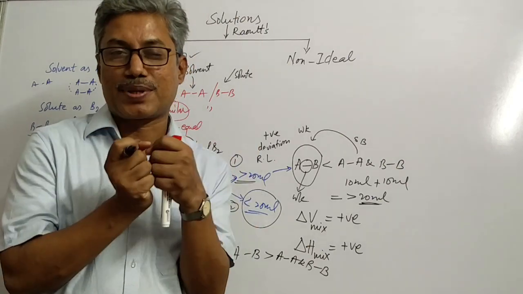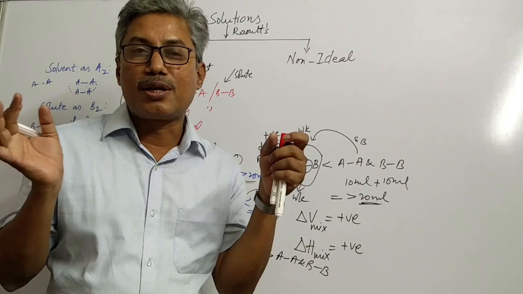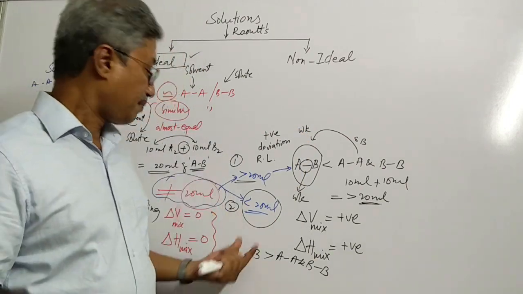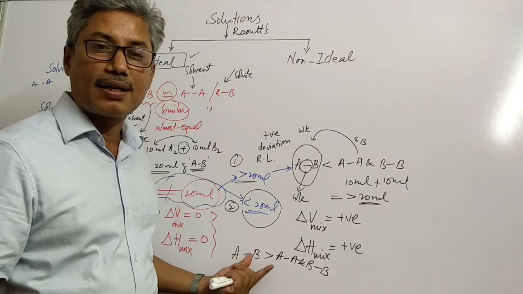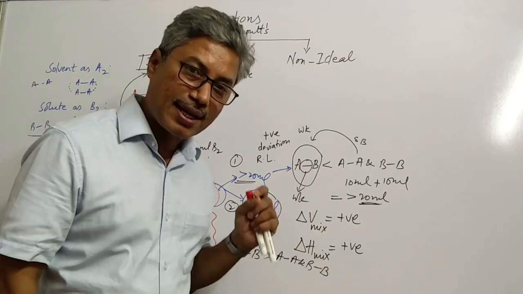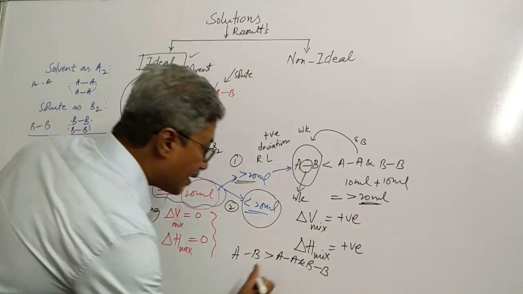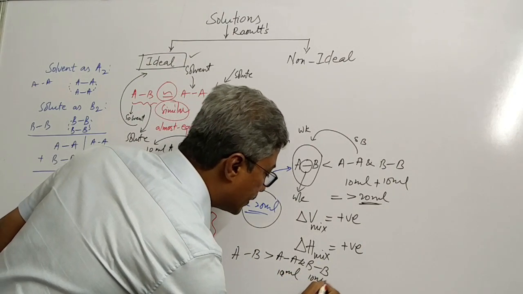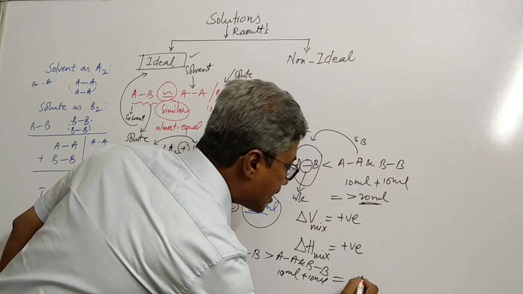Strong bonding means coming close together. When the molecules come close together, they will occupy less volume. That means AB interaction is stronger than AA and BB interaction. If you mix 10 ml of this and 10 ml of this, the total volume will be less than 20 ml.